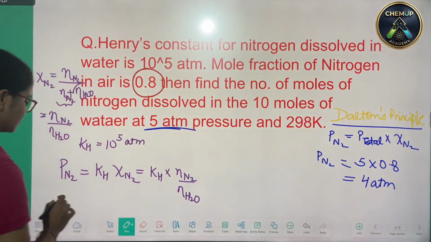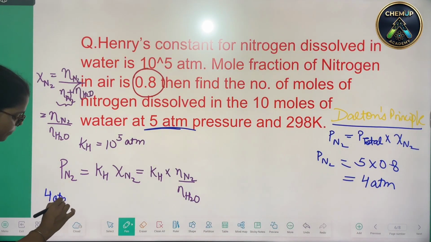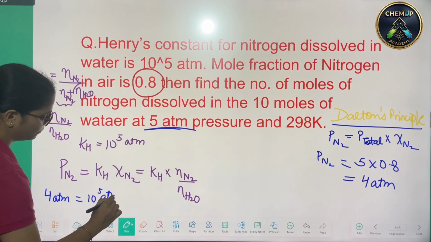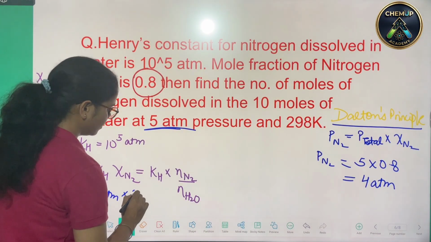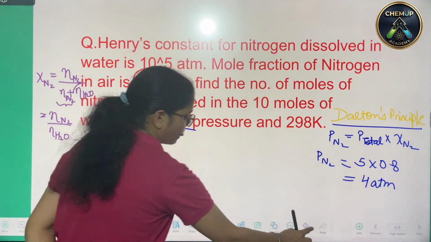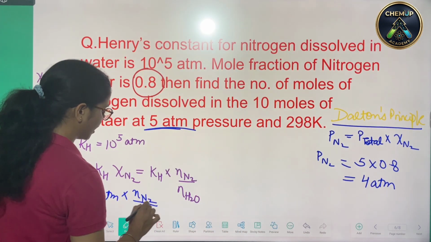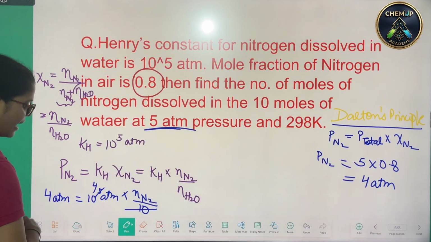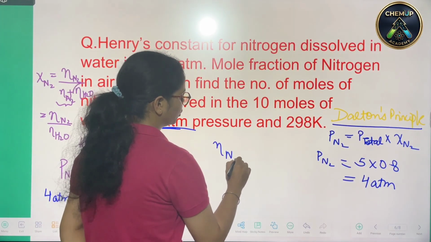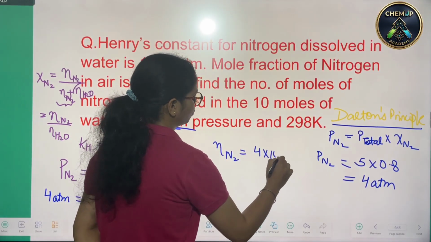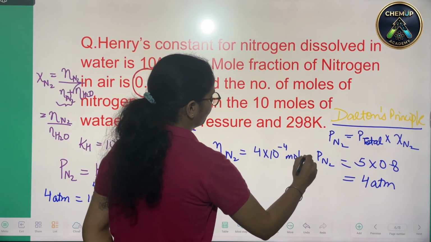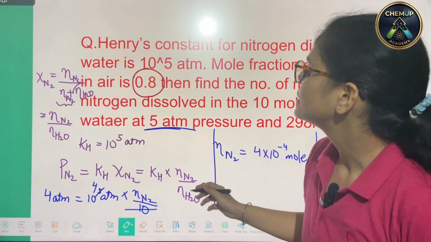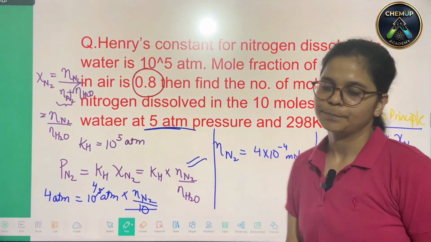Now we place this value here: 4 atm equals KH, which is 10 to the power 5 atm, into n N2 upon the moles of water. Then we can cut it down to the power 4, and therefore n N2 becomes 4 times 10 to the power minus 4 moles. Hence the question can be solved easily by just knowing a single formula.